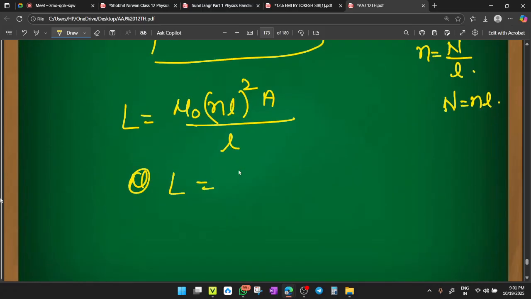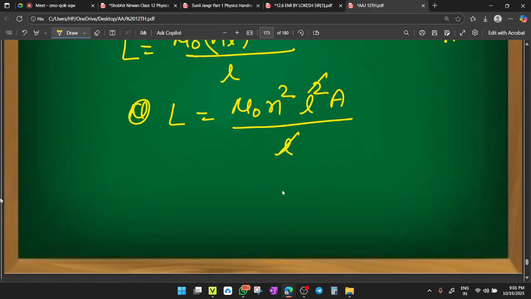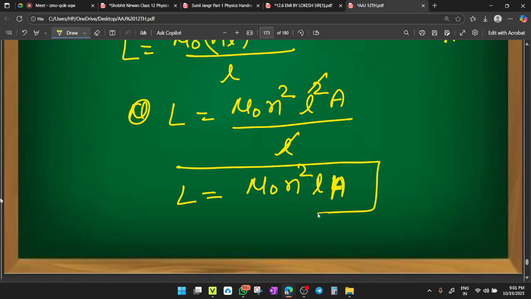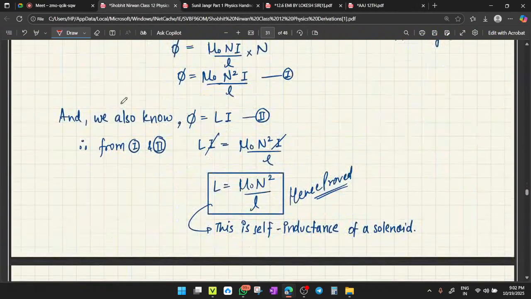So L equals mu naught n square l square A upon l. One l cancels, and L equals mu naught n square small l A. Clear? So this is another derivation.